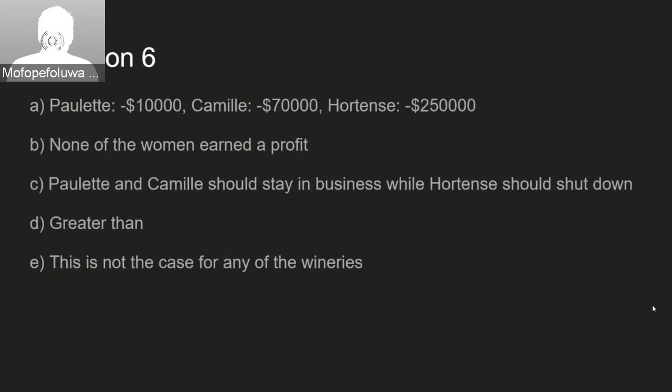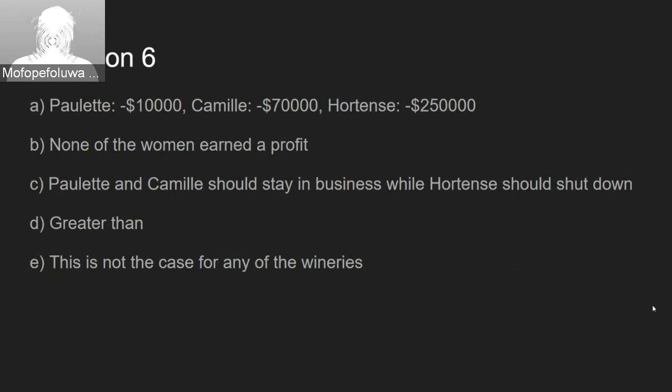For question 6, part A, we are asked to calculate the profits made by each of these winemakers. So subtracting the total cost from the revenue, we see that Paulette made a loss of 10,000, Camille made a loss of 70,000, and Hortense made a loss of 250,000. For part B, we are asked which of these women, if any of them, earned a profit.